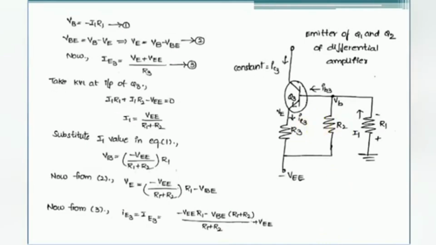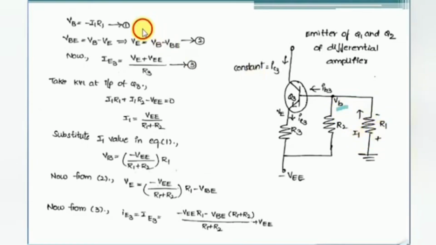In order to find the value of IE3, first we have to find the voltage VE. To find the voltage VE, we have to find the base input voltage VB. VB is the voltage drop across resistor R1. Here the current enters in this direction, so from Ohm's law we can write VB as minus I1 into R1.